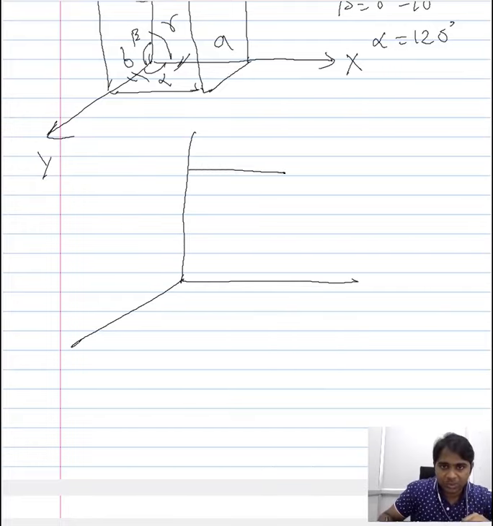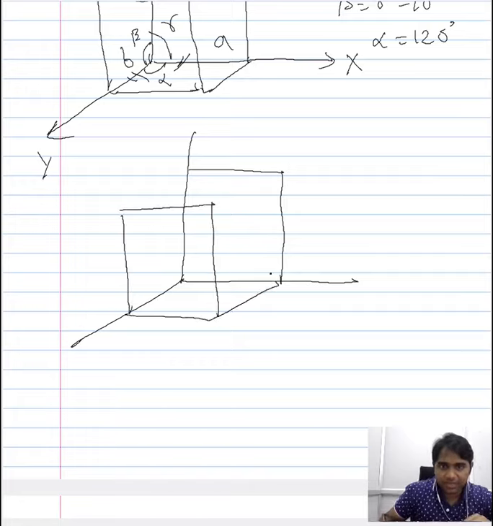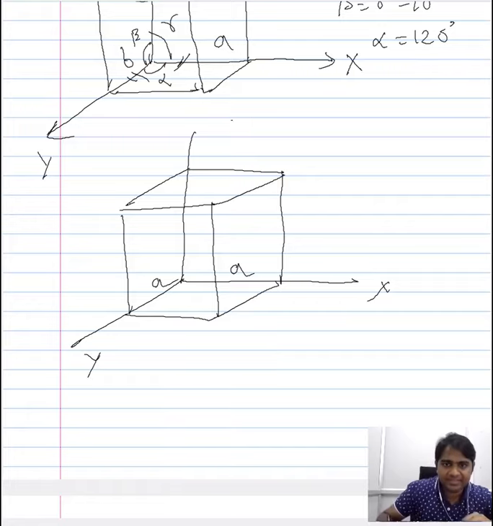If you introduce all the characteristic dimensions directly, then it would be of this form, wherein this is equal to A, this is equal to A. So you have your x, y and z, but this will continue to remain C. And this angle is 90 degrees, this angle is 90 degrees, but this angle is 120 degrees.